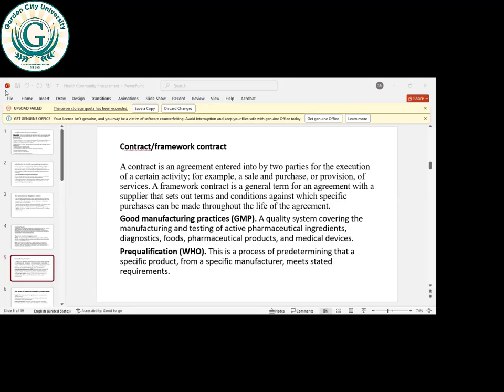And every manufacturer that wants their product to get to the global level will register with the World Health Organization, because mostly countries will consult the World Health Organization before they patronize any health commodity.